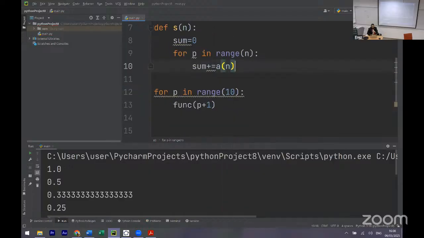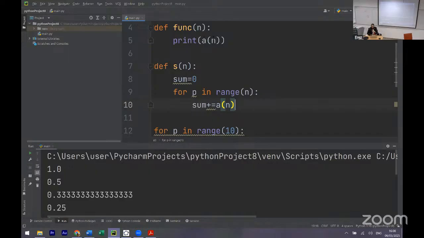And now I'll print something: A is plus, S comma, is plus S of n.